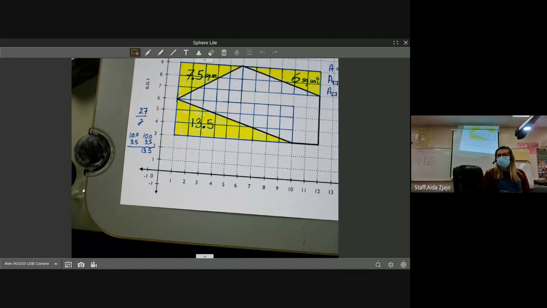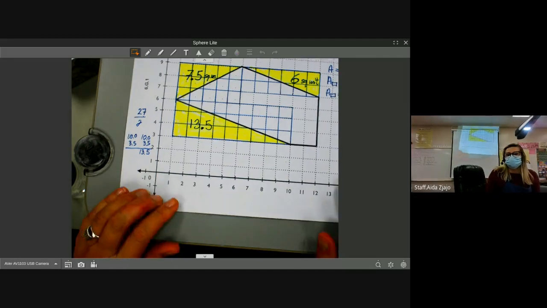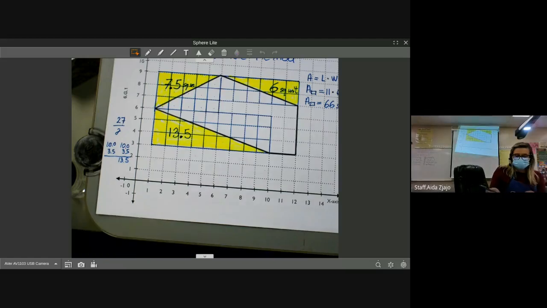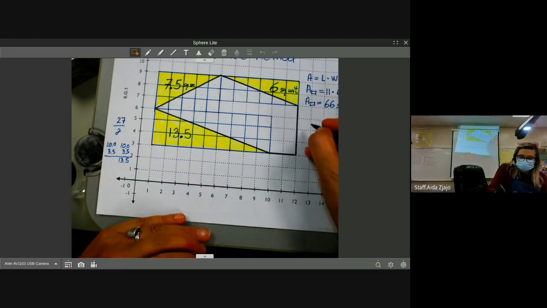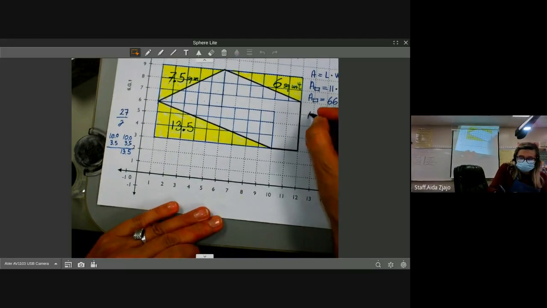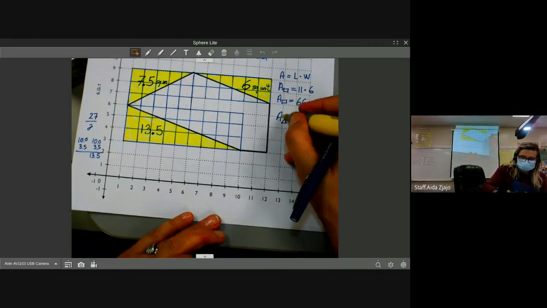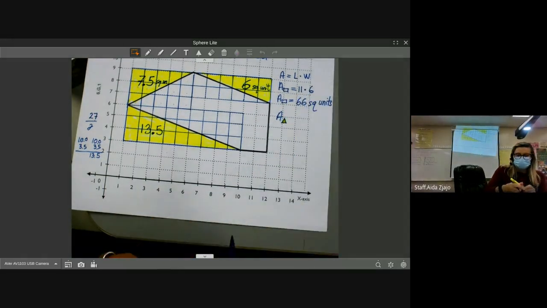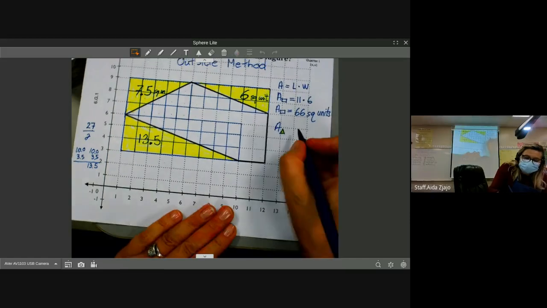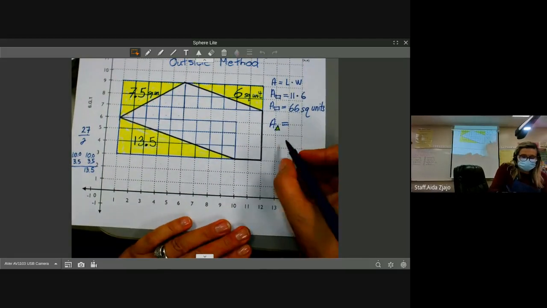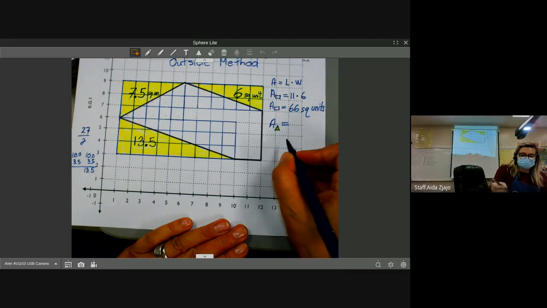Okay, so let's add all these triangle parts together. So the area of these triangles would be what? I'm going to line them up, and then you can tell me the total.